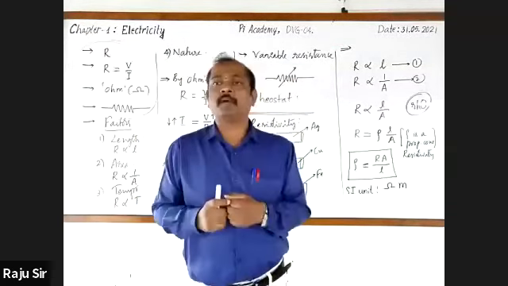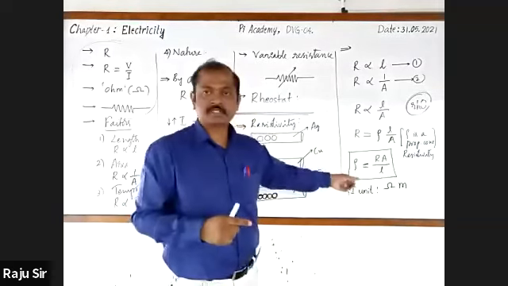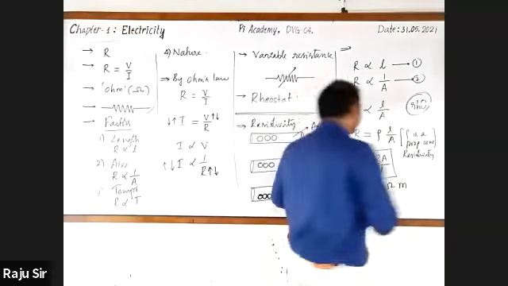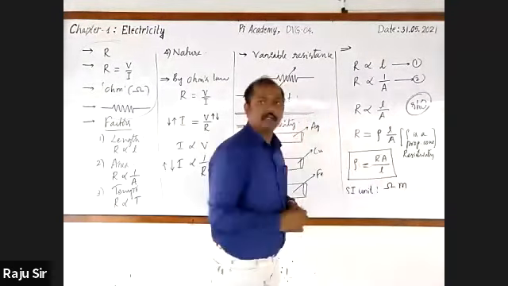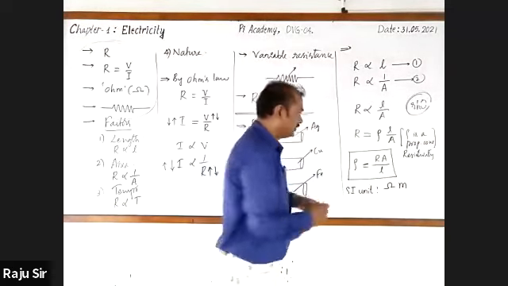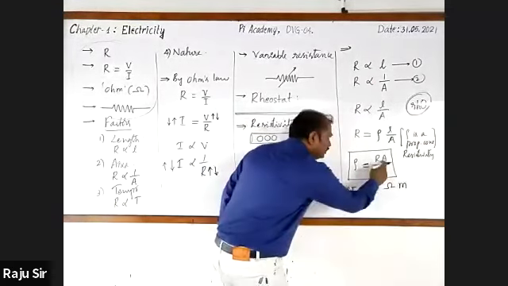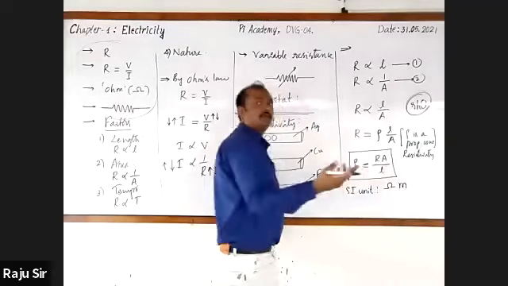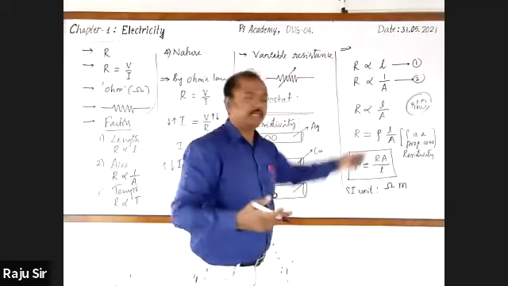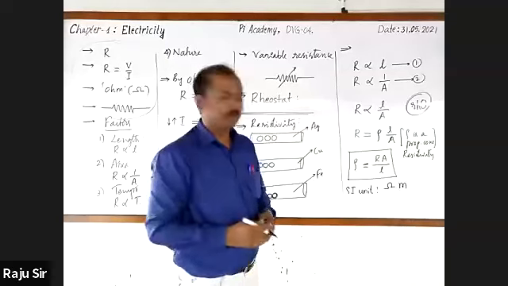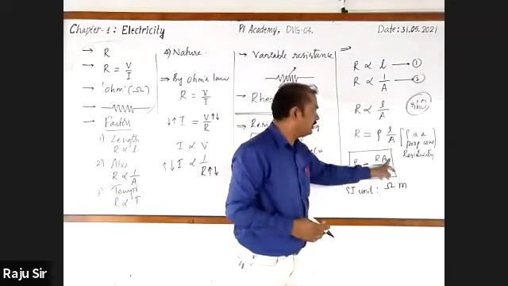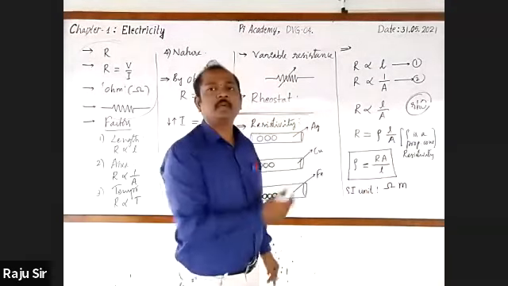That is nothing but electric resistivity. Here, let us take unit length, 1 meter, and unit area, 1 meter square. When you substitute 1 in place of A, what will it be?